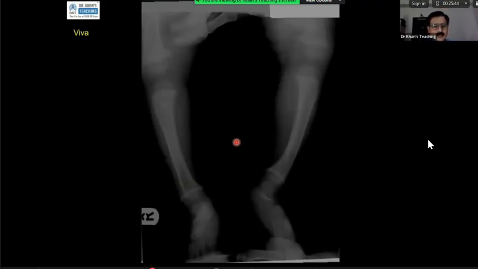There's a provisional zone of calcification. Yes. So do you think this is rickets? I don't think so. Right. Okay, let me take over.